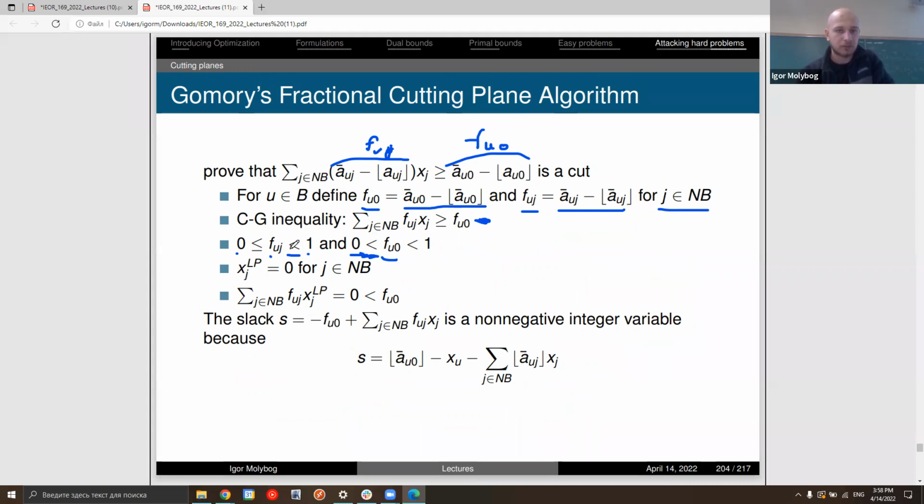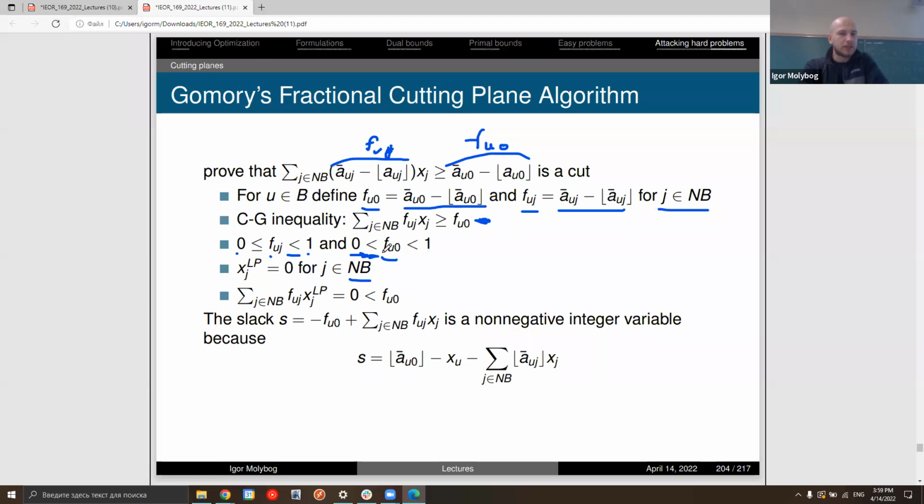And therefore we do have some misalignment between these two numbers, and we know that xjLP is equal to 0 for j in the non-basic variables. Therefore, when we substitute this into this inequality, we get that the summation over the non-basic variables of fuj xjLP is equal to 0, and that is less than fu0, right?